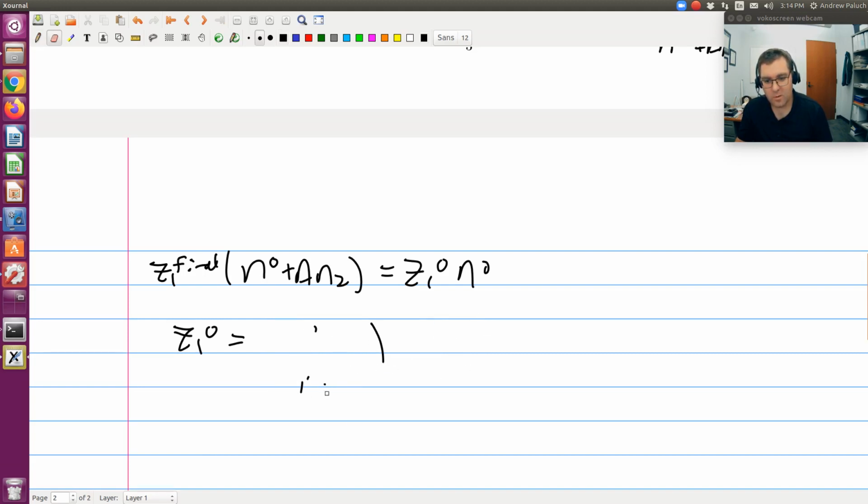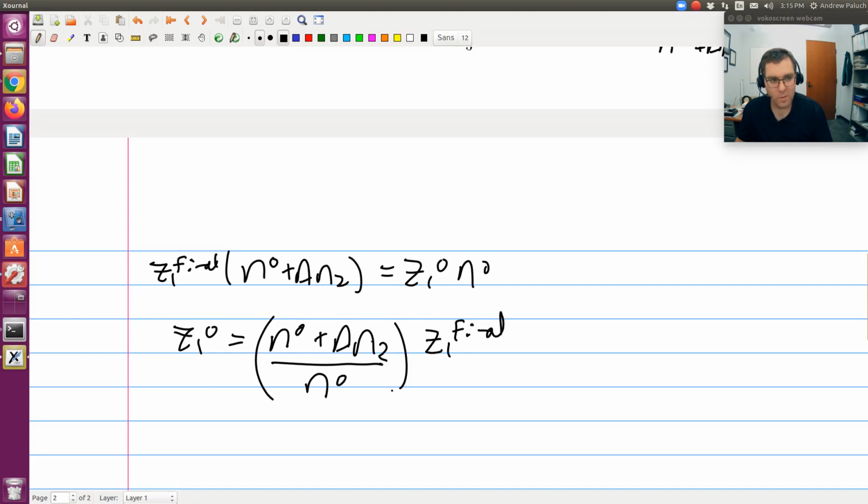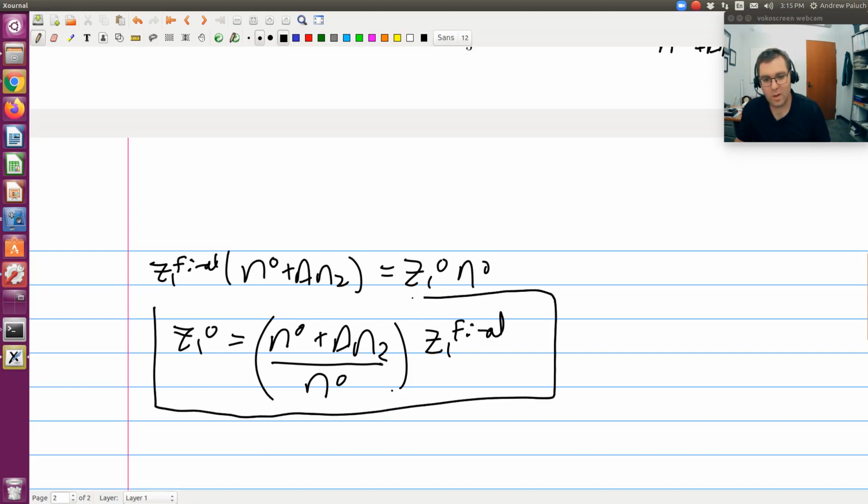Z1 naught should be greater than Z1 final, because I'm moving to the right. So Z1 naught is N naught plus delta N2 divided by N naught, times Z1 final. This is greater than 1, because this is 1 plus 0.46, 1.46 over 1, so that's 1.46 times Z1 final. And so Z1 naught is greater than Z1 final, as it should be. Sorry, algebra mistake on my part.